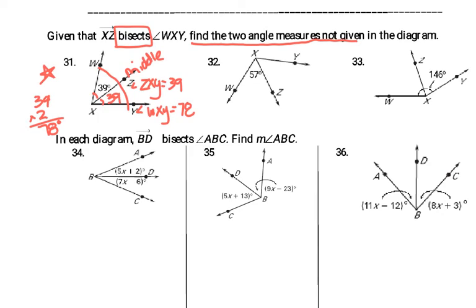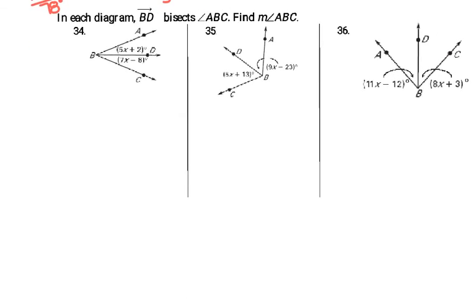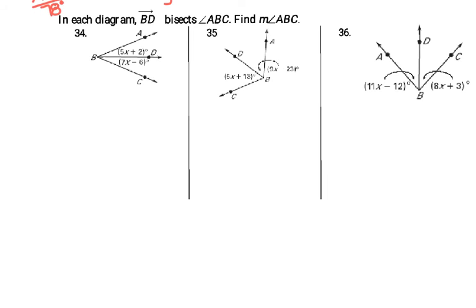The next question, the last question actually that I want to look at is question 34. Again, noticing that they use the word bisect. BD bisects angle ABC. We need to find the measure of angle ABC. If this is in the middle, then I know these two parts are equal to each other.